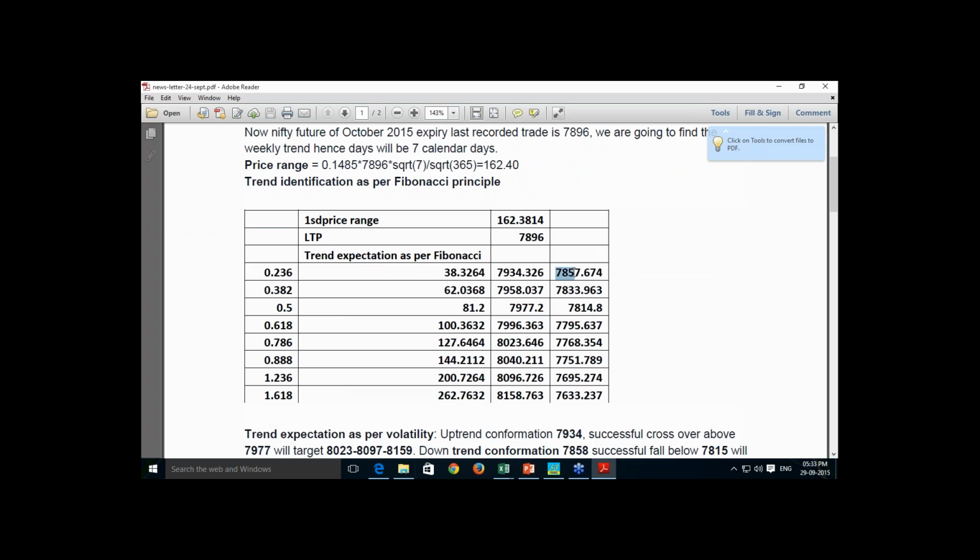Now you got a trend breakout at 7,857 in the simplest way, as a layman trader. So once this level is reached, definitely you are expecting 7,800. It's a comfortable achievement. Once this level of 7,857 is broken, you can comfortably achieve 7,795.